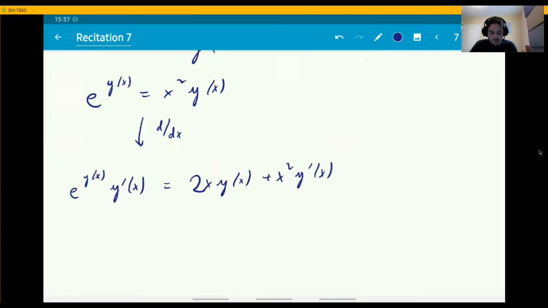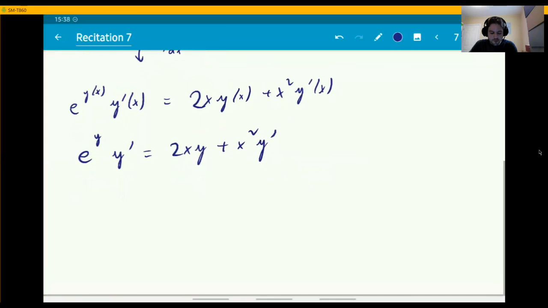Let's solve for y prime here before we take another derivative. If you're trying to take two derivatives in an implicit equation, that's usually what you want to do. So first of all, I'm going to erase the parenthesis x now, so we have a cleaner equation like this. How do we solve for y prime? It's always like this. You want to group together the y prime terms and factor them.